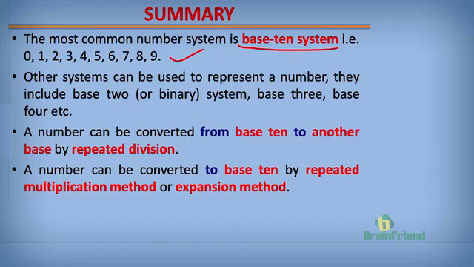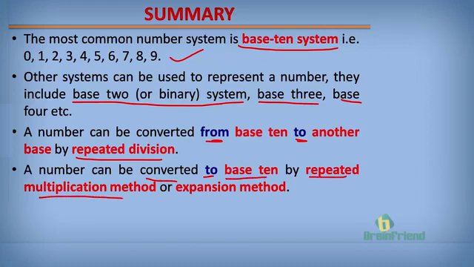They include the base 2 or the binary system, the base 3, base 4, etc. That is base 5, 6, base 10, base 16. And a number can be converted from base 10 to another base by repeated division, while a number can be converted to base 10 by repeated multiplication method or the expansion method.